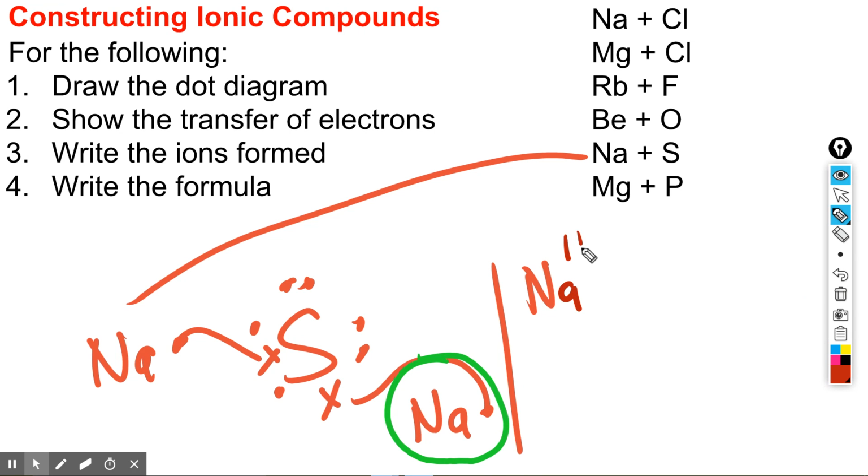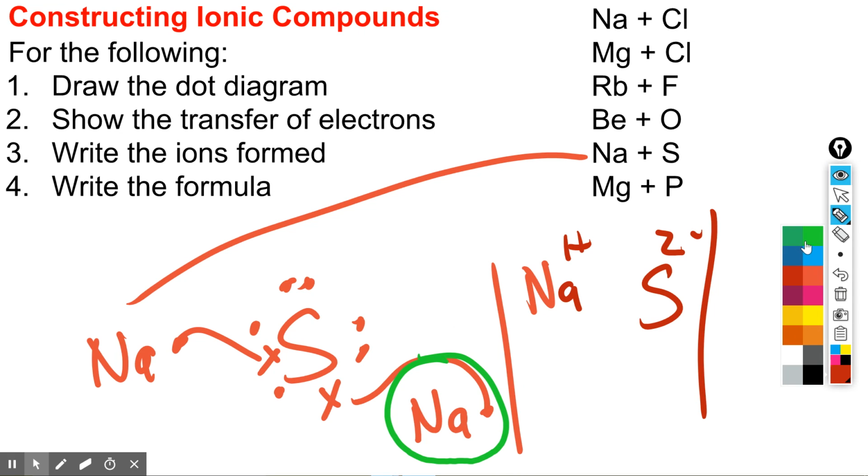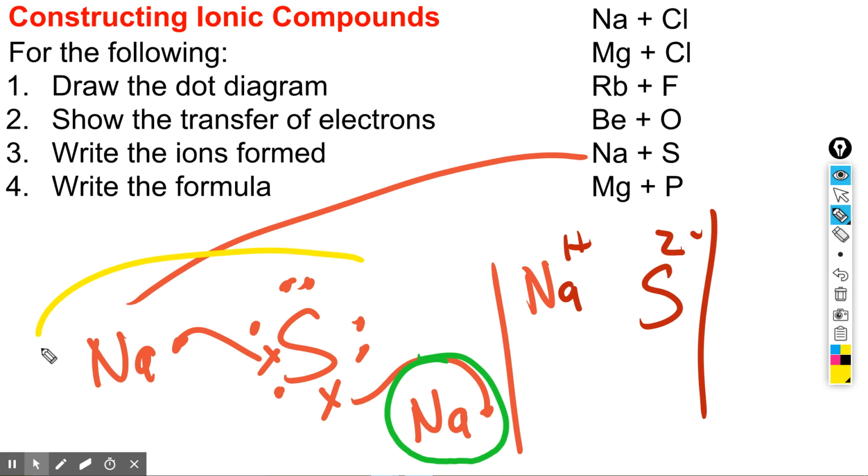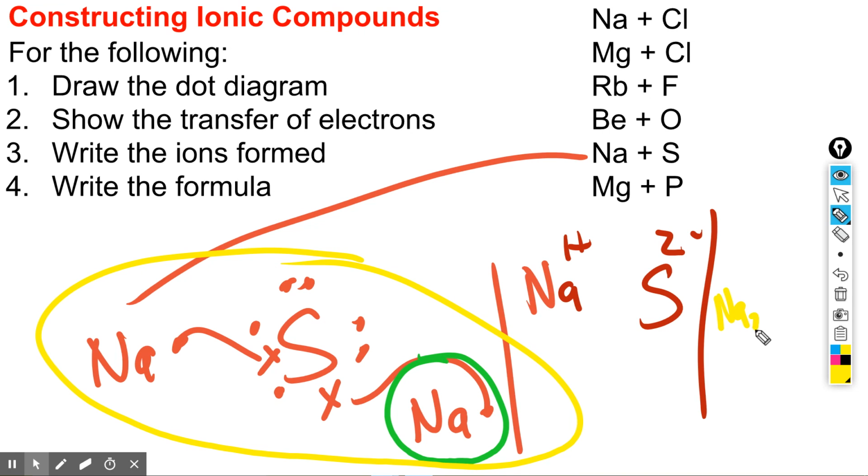So they are 1 plus. And your sulfur got 2 minus. Now our formula, how many Nas, how many S's are there in this whole picture? Once everybody's happy, everybody has a full outer shell, Na2S.